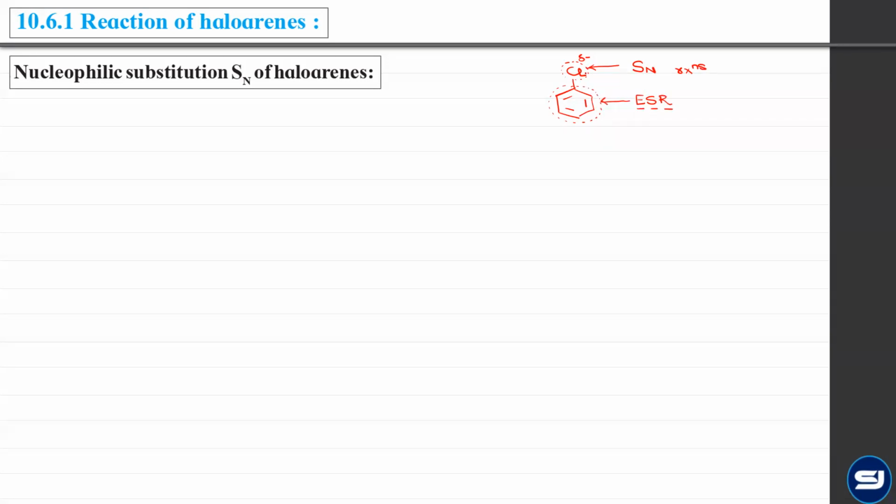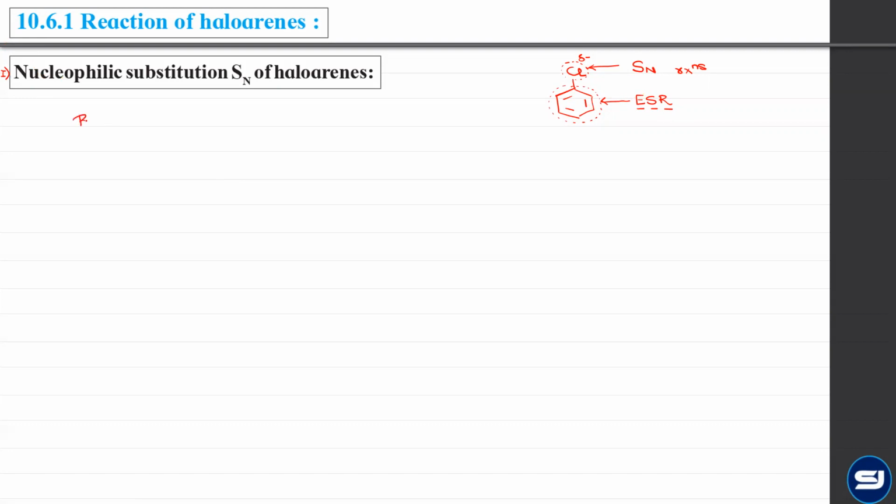One due to halogen, that is SN reaction, other due to benzene, that is ESR reactions. So the first category we are going to concentrate on is nucleophilic substitution, that is SN of haloarenes.